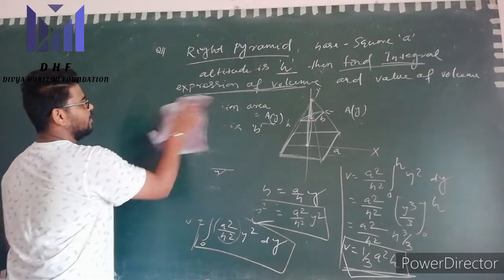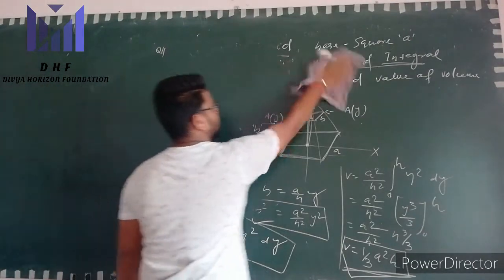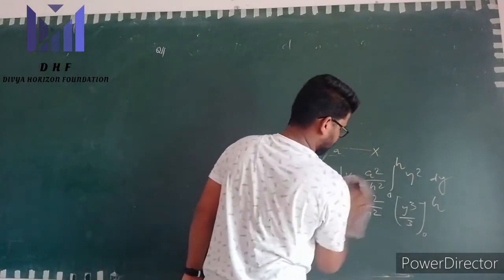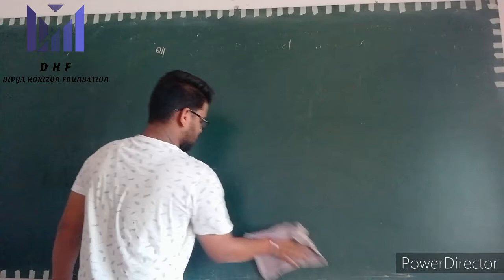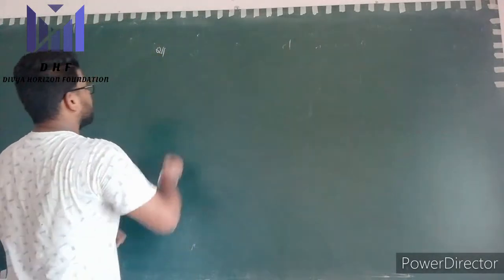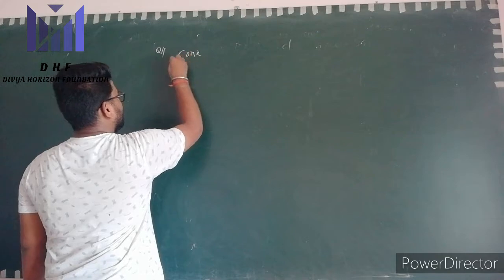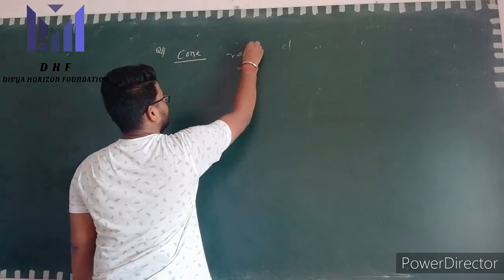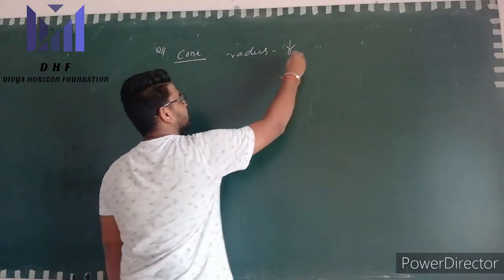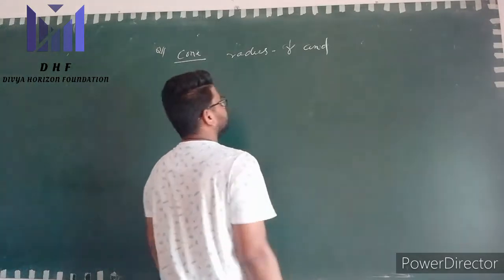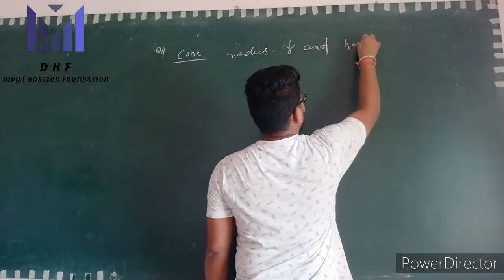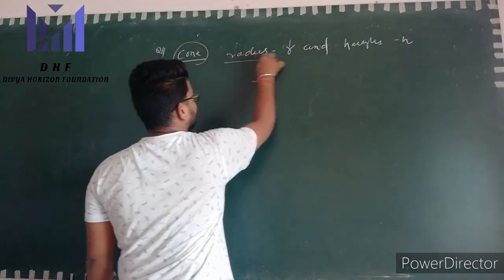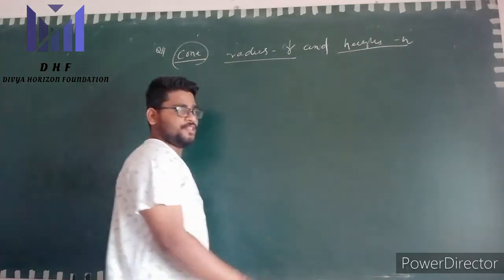Then we discuss another example. Suppose we have a cone whose radius is r and height is h.